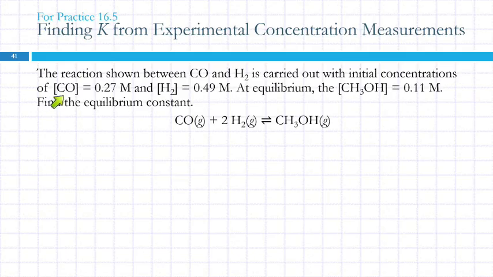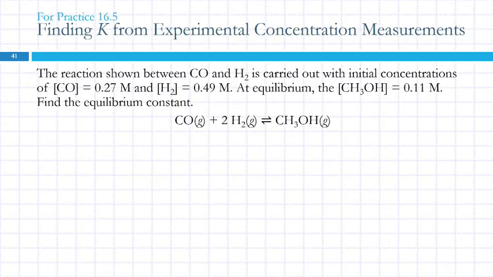Carbon monoxide is 0.27, hydrogen is 0.49. What's the initial concentration of the CH3OH? They didn't say. If they don't tell you anything about the product, we should assume that it's 0. Sometimes they'll tell you, oh, well, it started out with this much product and these reactants, and they'll give you numbers for everything. But most of the time, not.